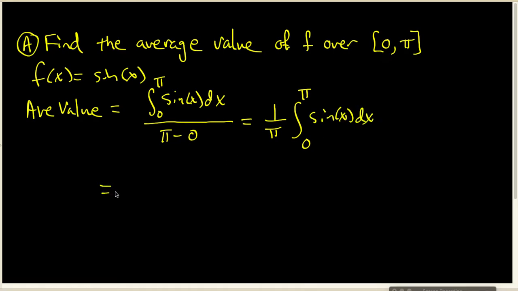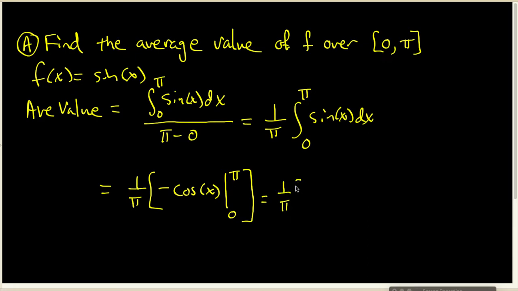And that is actually an easy integral to do. The antiderivative of sine x is known to be minus the cosine of x. And I simply need to evaluate that antiderivative between 0 and pi. So I have 1 over pi times minus the cosine of pi minus minus cosine of 0. And those two things are both easy trig values.